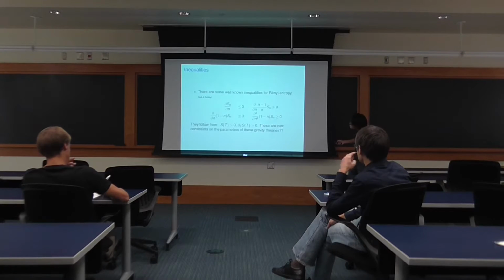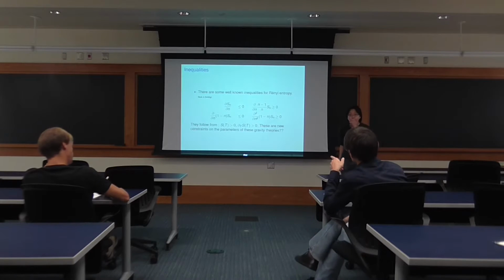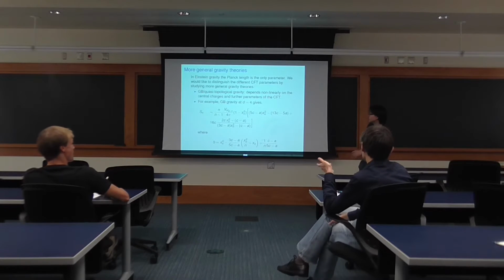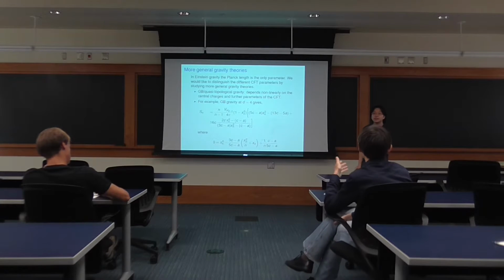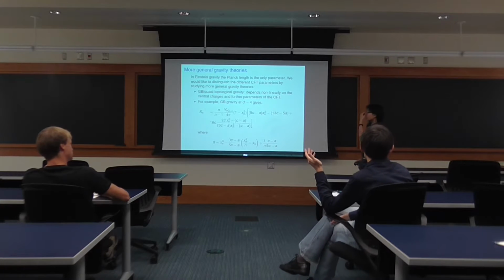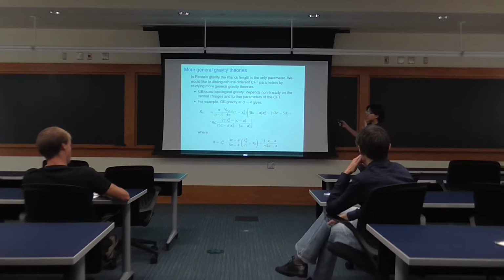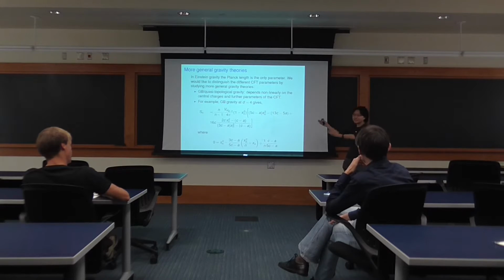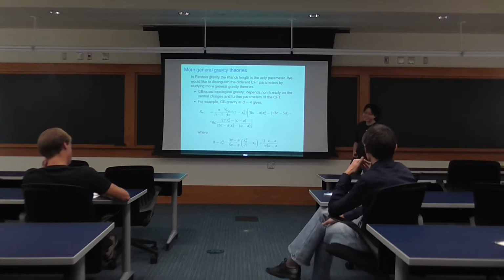Can this, for example, give you constraints on A and C of the sort that Maldacena and Hofman derived some years ago? Not in this case, because it turns out that that bound is much stronger than this bound. So within the window that the theory is known to make sense, everything just works. Everything makes sense. Yeah.